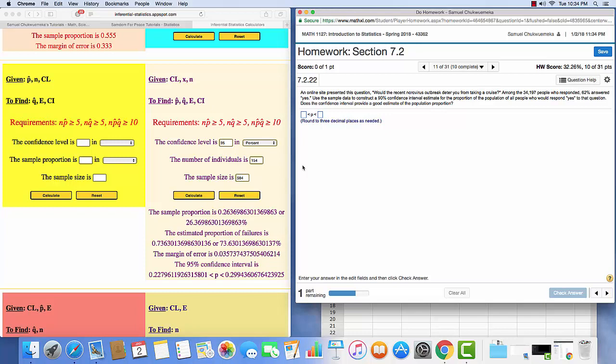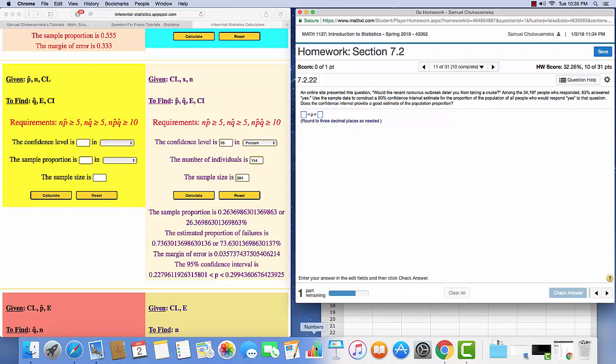Use the sample data to construct a 90% confidence interval estimate for the proportion of the population of all people who would respond yes to that question. Does the confidence interval provide a good estimate of the population proportion?